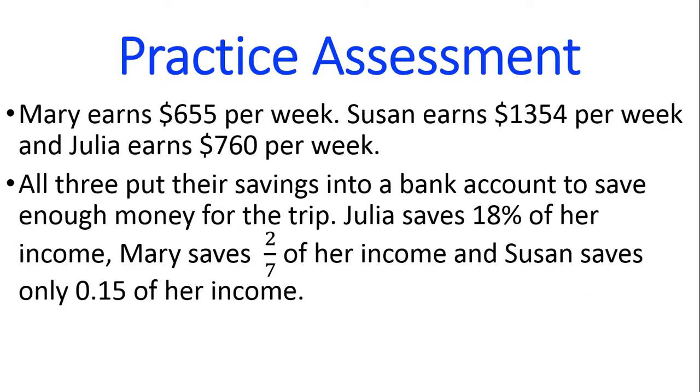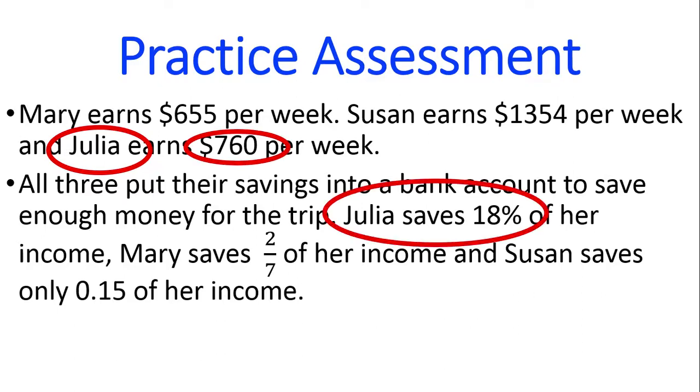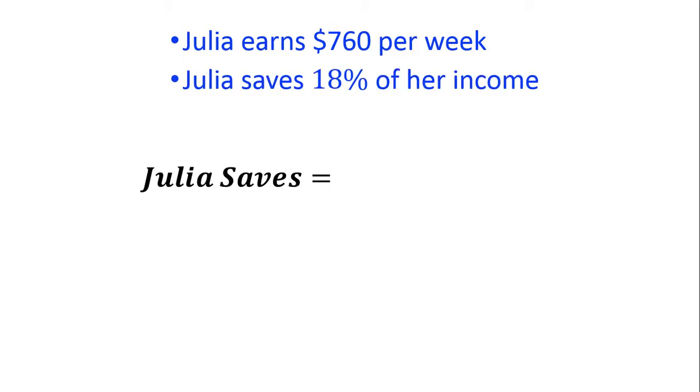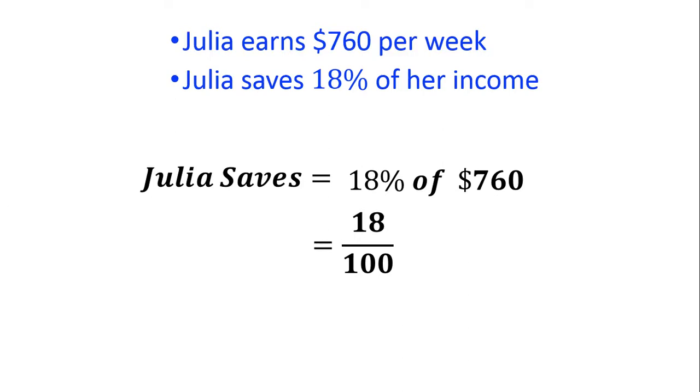Let's go back to our problem and find the next person. So our third person is Julia, and she earns $760 a week. We also get told that she saves 18% of her income. So we've got a percentage of calculation here to do. So she earns $760, she saves 18% of her income, so Julia is going to save 18% of $760. So the 18%, I need to turn that from a percentage into a fraction.